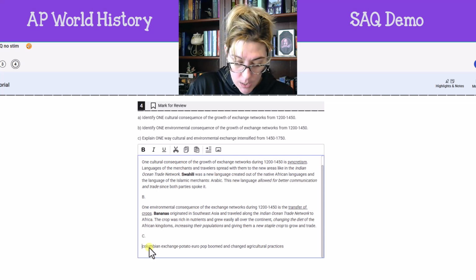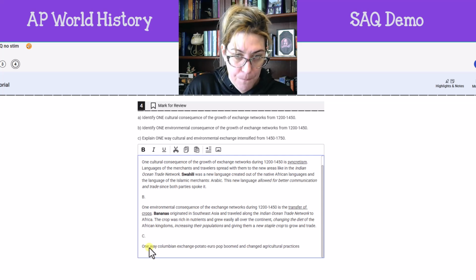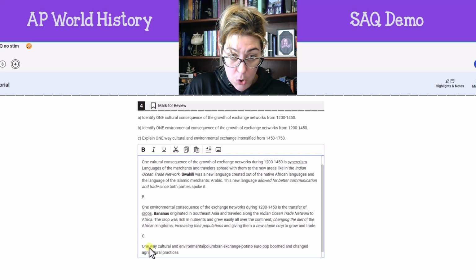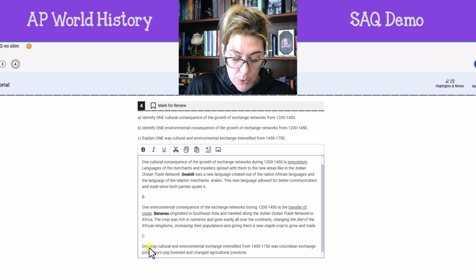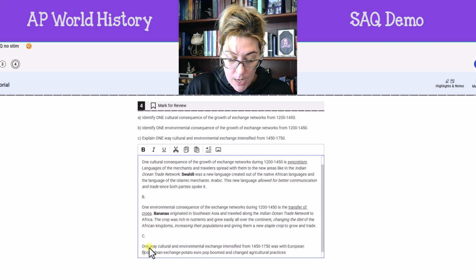One way cultural and environmental exchange intensified from 1450 to 1750 was with European exploration.